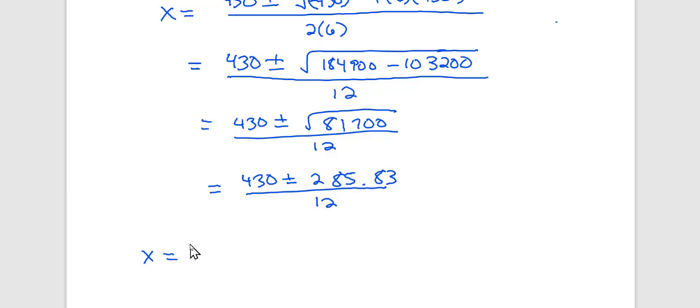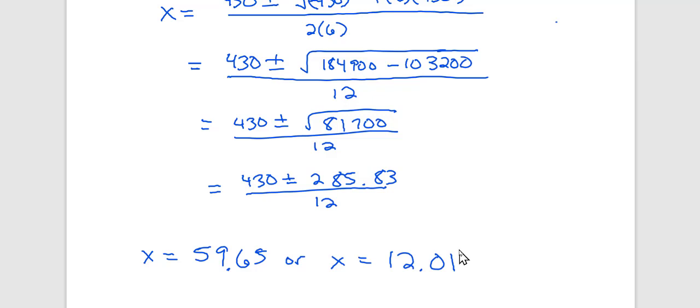I'm going to take that 285.83 that I have still in my calculator, add 430 and divide by 12. That gives me 59.65. Or if I do 430 minus the 285.83 and divide by 12, I get 12.01.